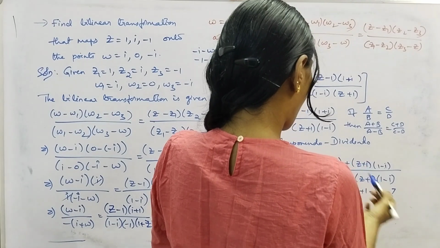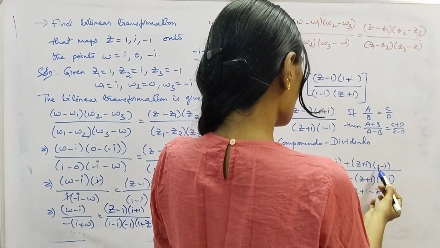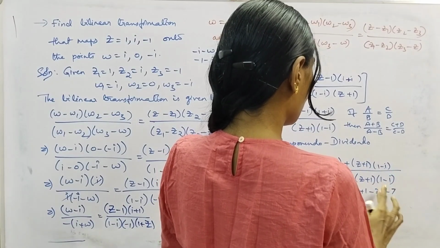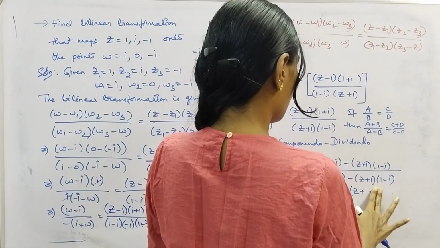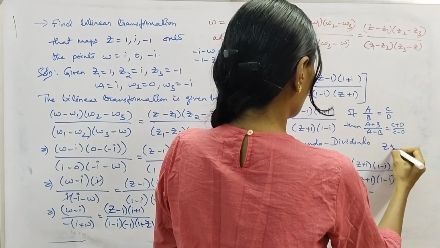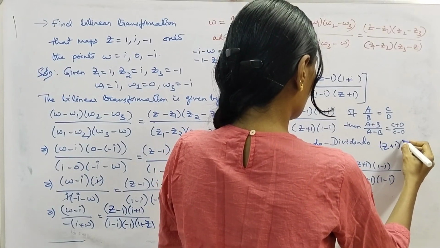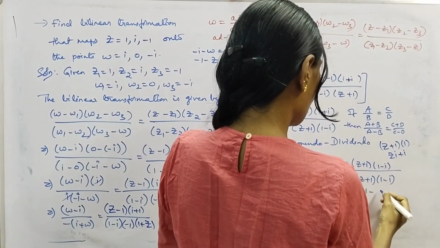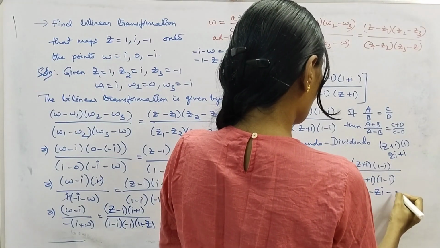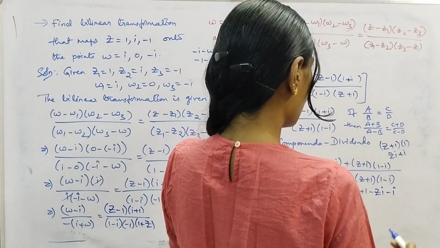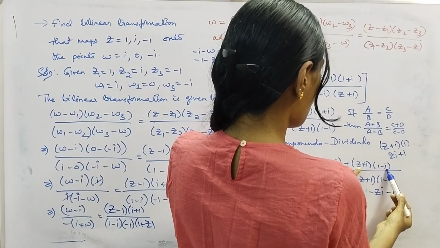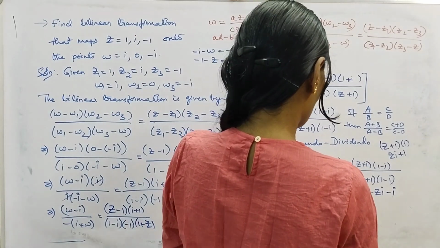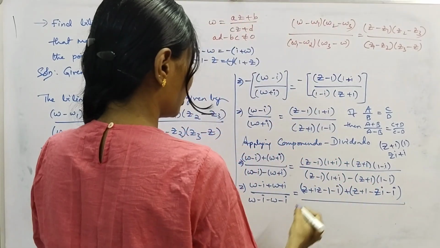Z plus 1 into 1 is z plus 1, right, minus z plus 1 into I is minus zi minus I. Z into minus I is minus zi, 1 into minus I is minus I. Fine.